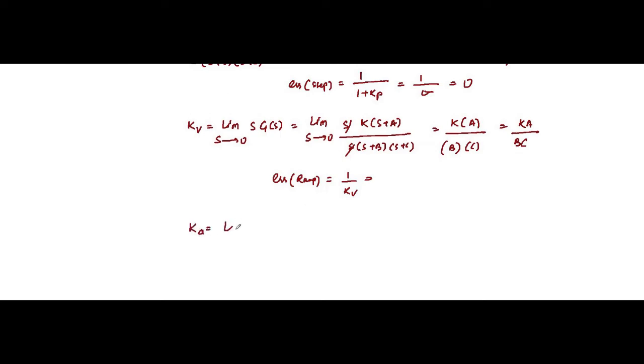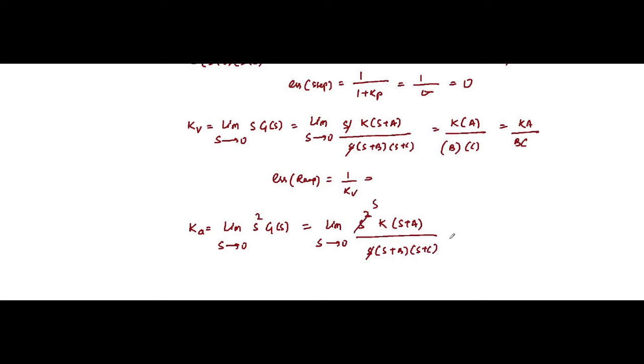Next, we will consider a parabolic input. For that we have to determine the acceleration error coefficient, which is equal to limit s tends to 0 of s square G(s), which is equal to limit s tends to 0 of s square multiplied with K into (s plus a) by s into (s plus b) into (s plus c).